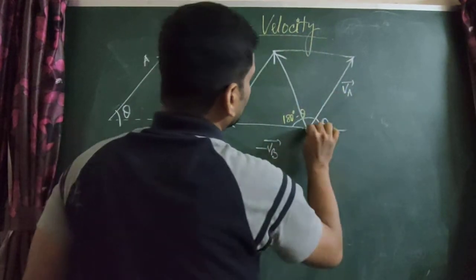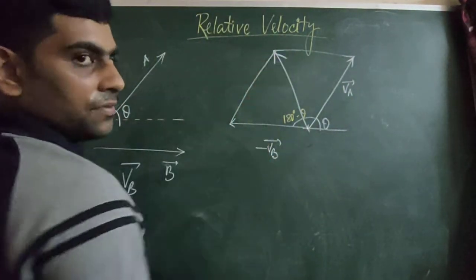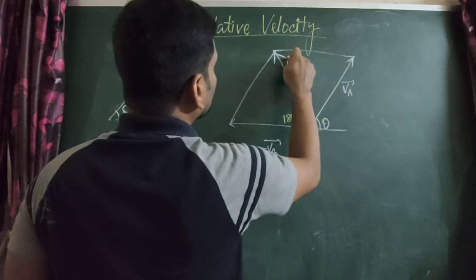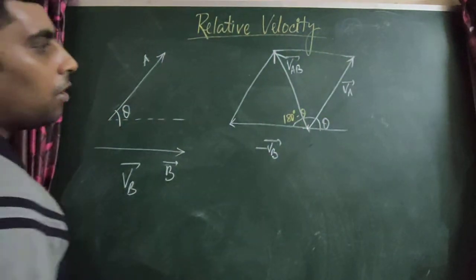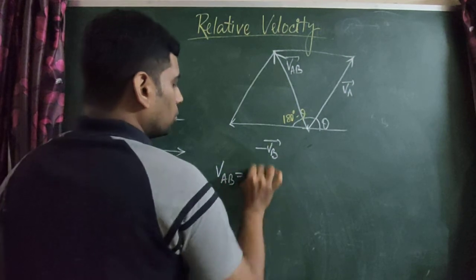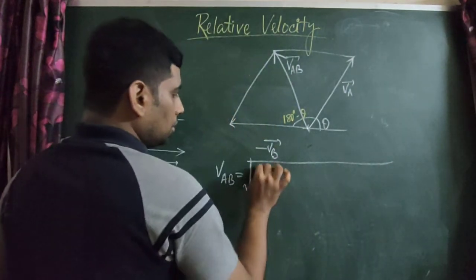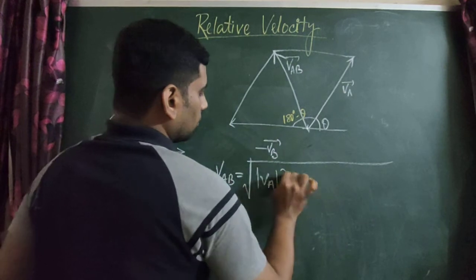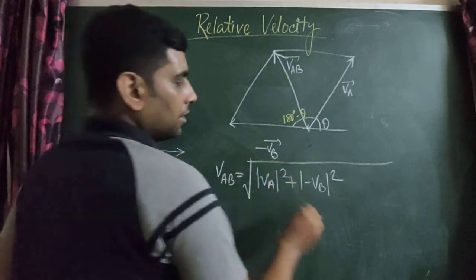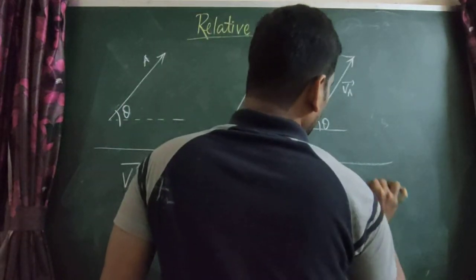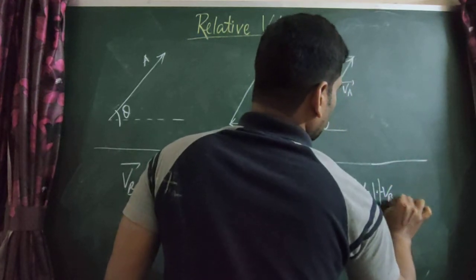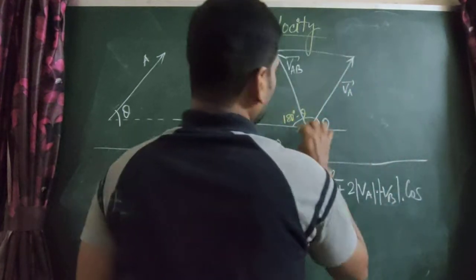this gives the resultant of these two vectors, VA and minus VB. Suppose this is VAB. From the law of parallelogram of vectors, we know that VAB equals root over mod of VA square plus mod of minus VB square, because this is minus VB, plus 2 into mod of VA into mod of minus VB cos of the angle between them, 180 minus theta.